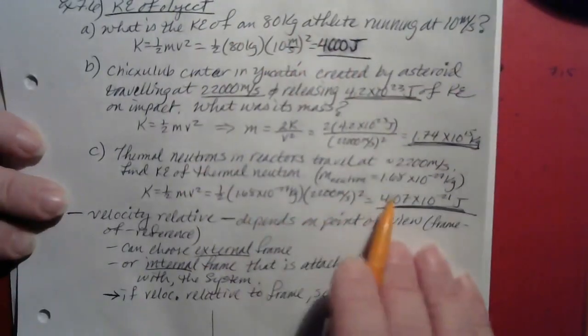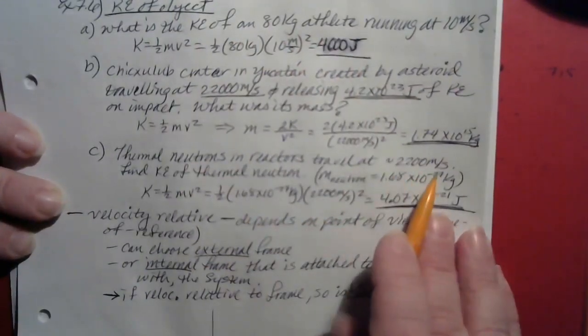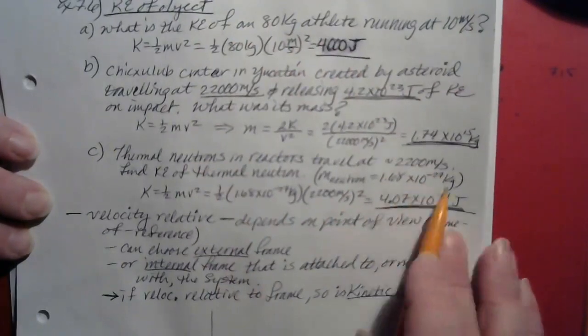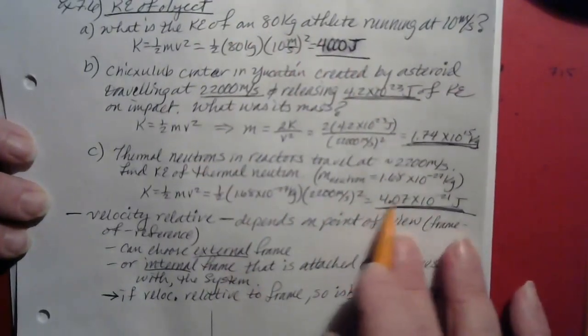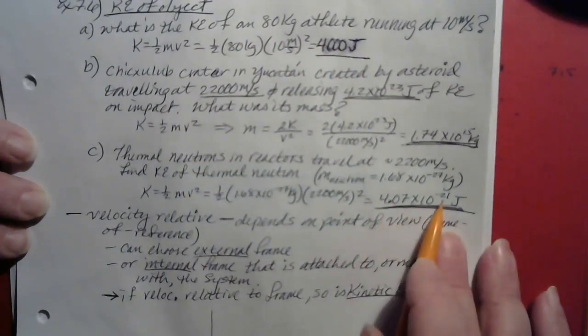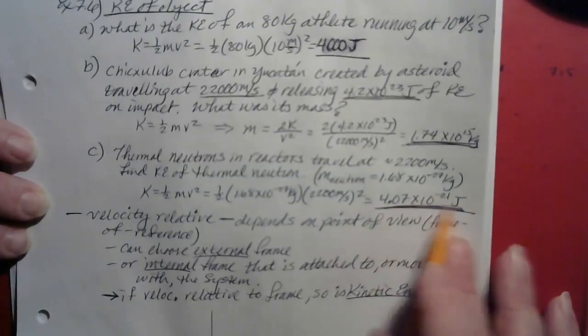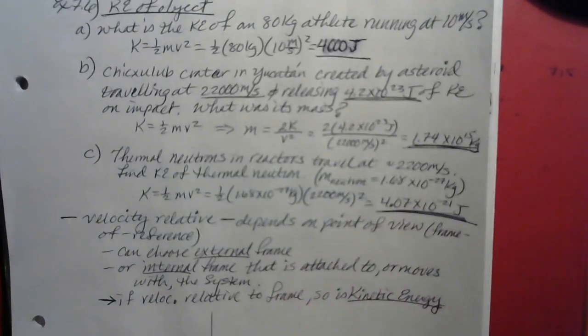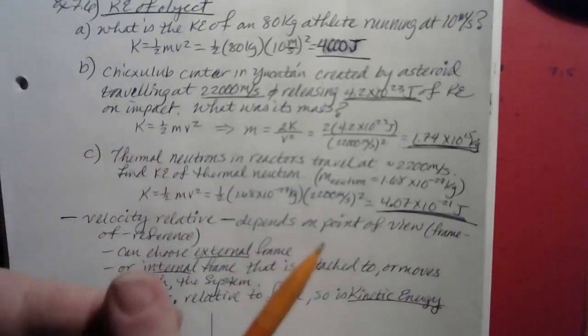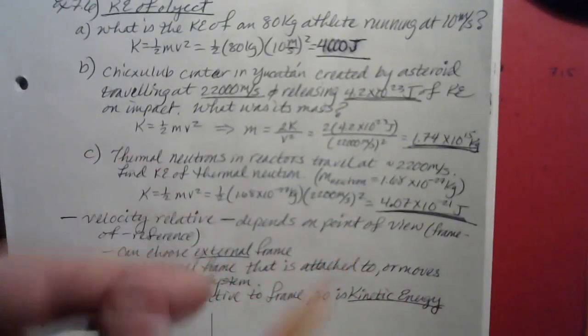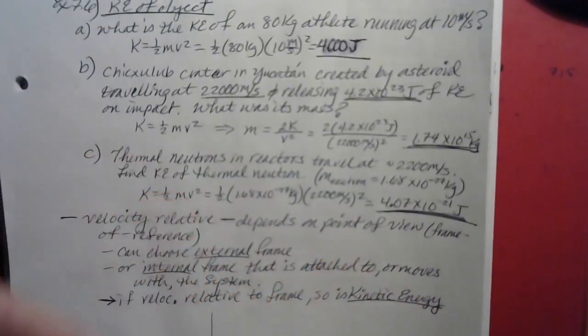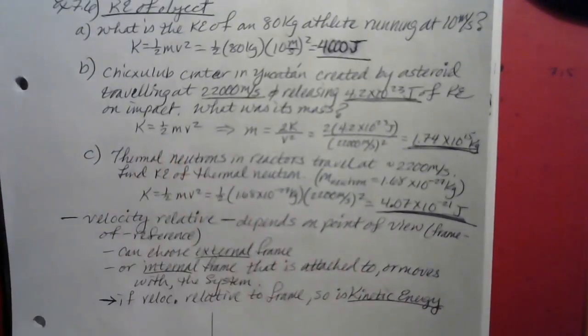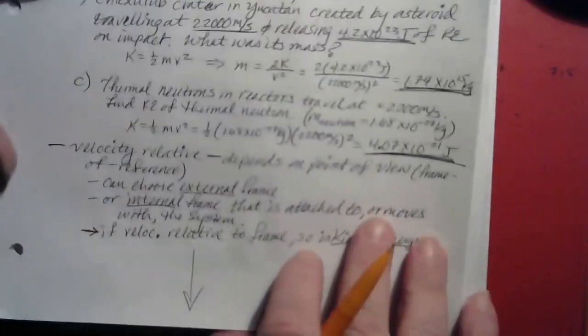Whereas a single neutron, even though it's moving really fast, 2,200 meters per second, has such a small mass that it only has a kinetic energy of 4 times 10 to the minus 21 joules. So there's a huge range of kinetic energies out there for various objects, depending on how big they are and how fast they're moving, especially on how fast they're moving, because it's 1/2 mv squared. So velocity counts more than mass does towards the kinetic energy.